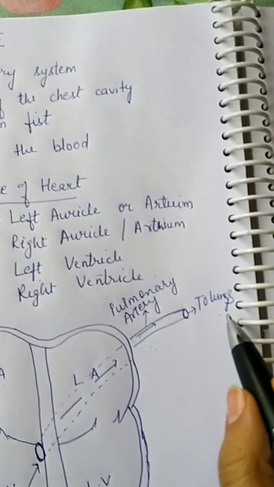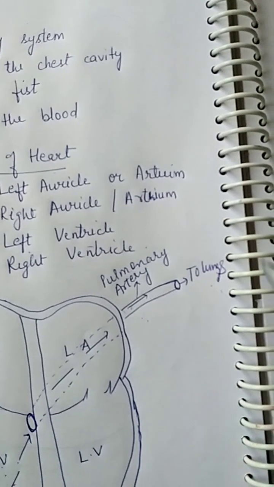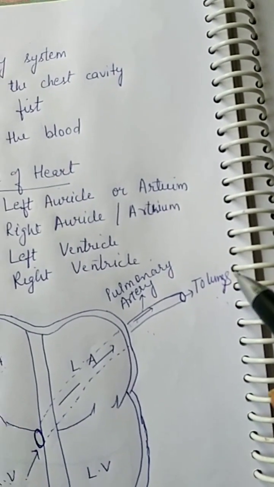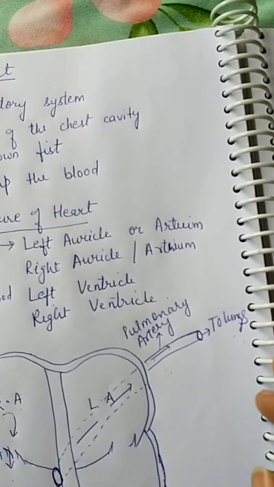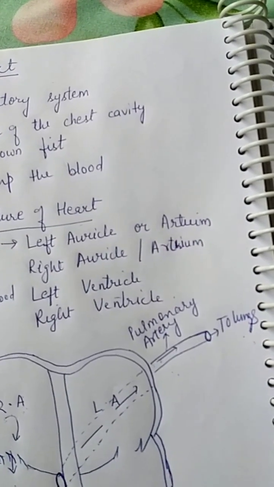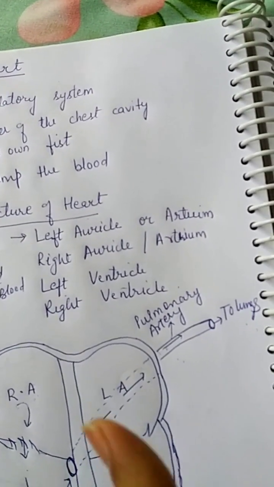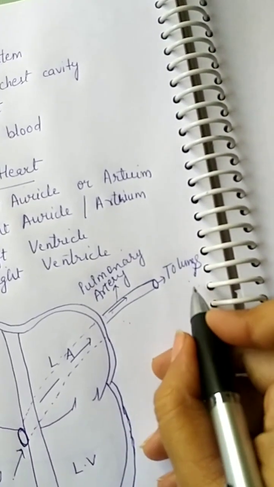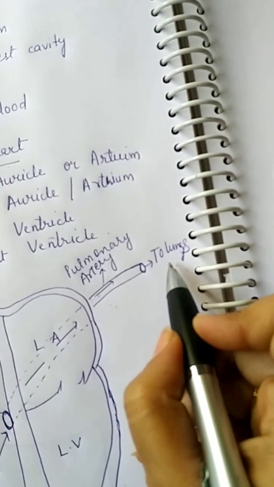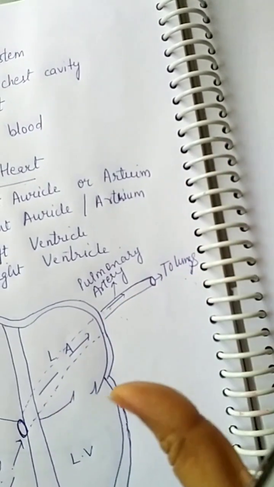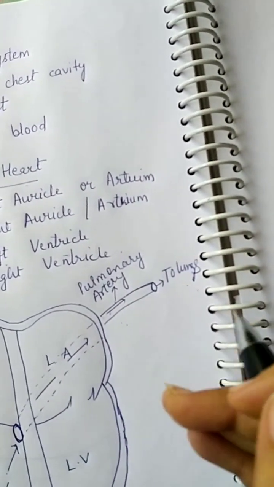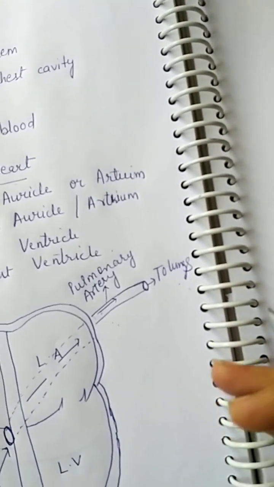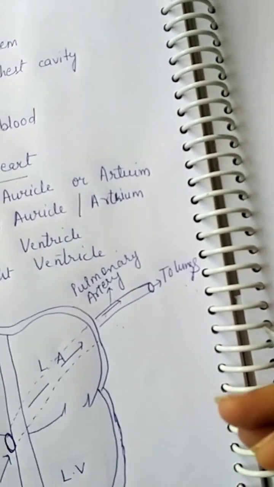Now, in lungs, exchange of gases takes place. Okay, the carbon dioxide releases out and the oxygen is absorbed by the blood cells. So in lungs, exchange of gases takes place and the blood becomes rich in oxygen. Now our blood has become oxygenated.